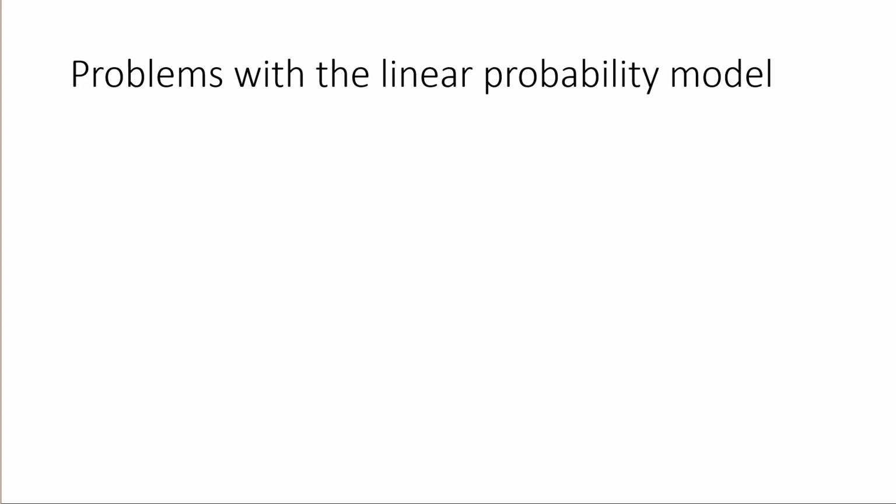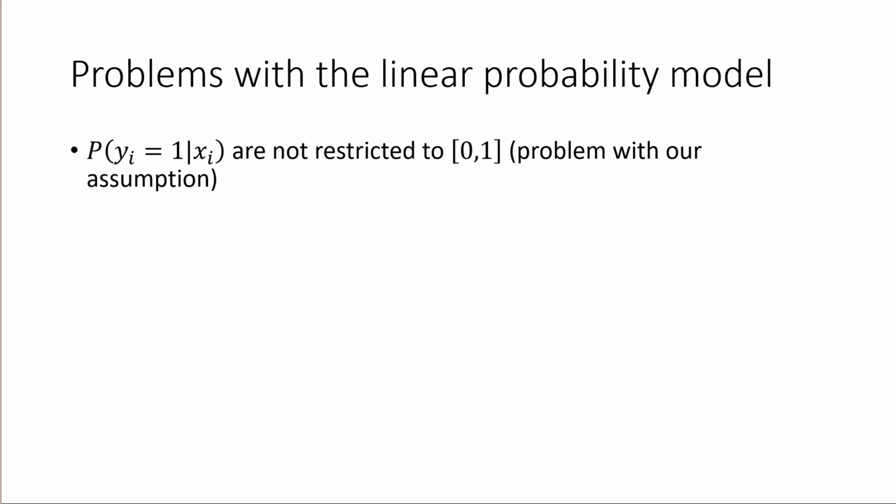So let's have a look at the problems with the linear probability model and the estimates that we get from OLS. So here is the first problem. In the linear probability model, we specify that the probability that y will take the value 1 conditionally on the x variables is a linear function of the x variables. Now, linear functions are always unbounded upwards and downwards.